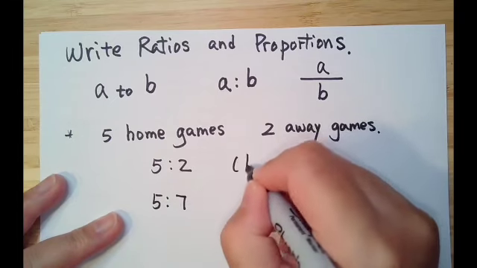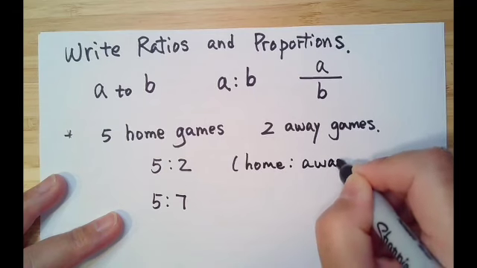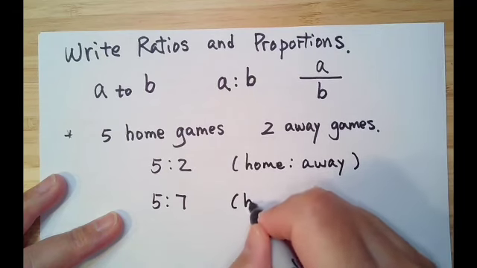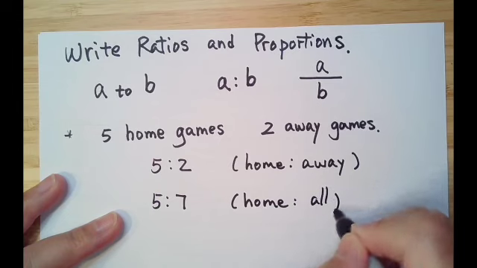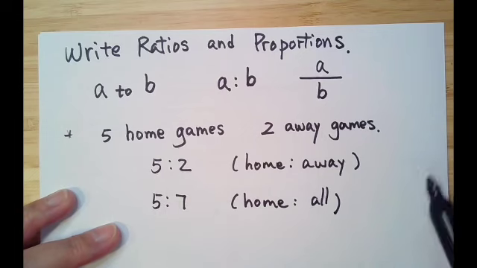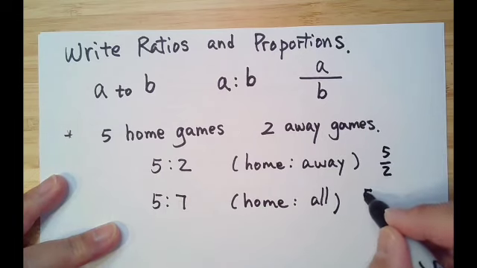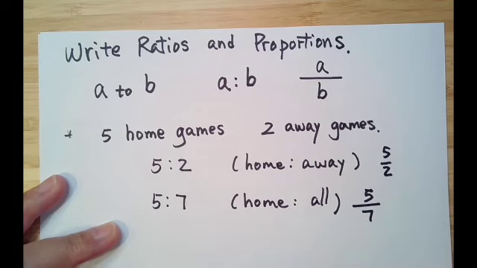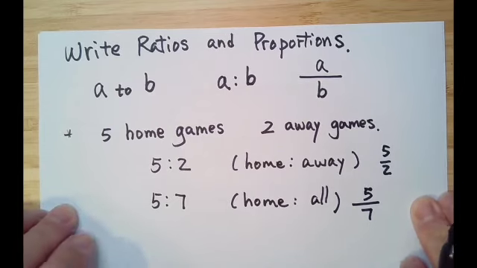So that's home to away. And this is home to all. Okay, so this is the way to write it. This is the 5 to 2. You can also write 5 to 7. Okay, it's the same thing. All right, so this is the general idea about the ratio.